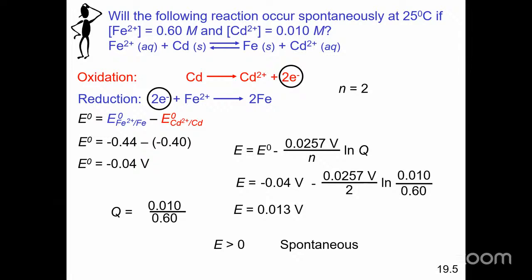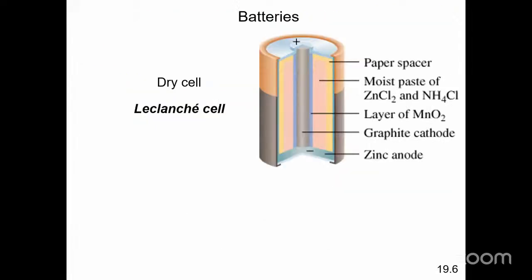Any other questions? Okay, these are just some examples of cells. As I said before, the way cells work is based on a very fundamental concept that a redox reaction is taking place, right? You have the cathode where reduction takes place and the anode where oxidation takes place.